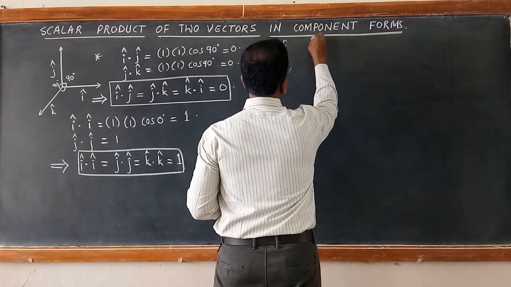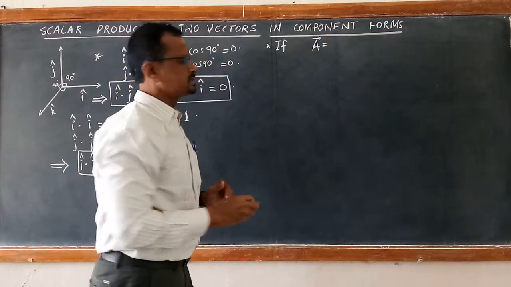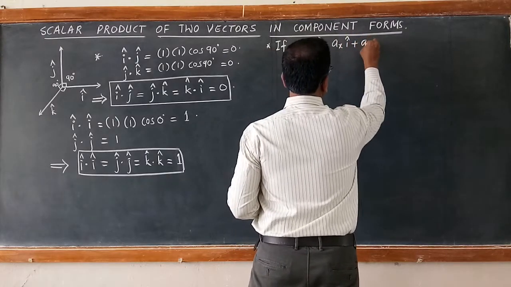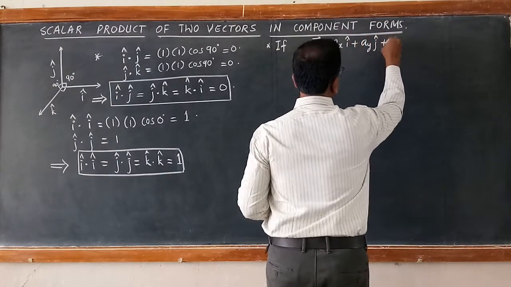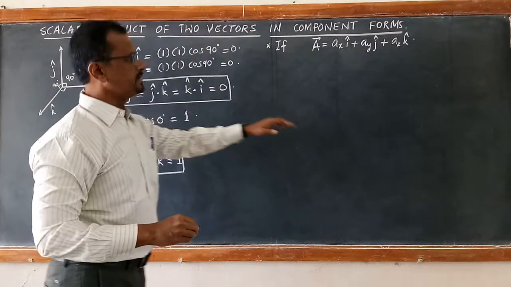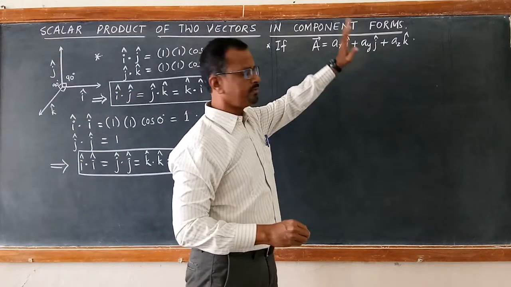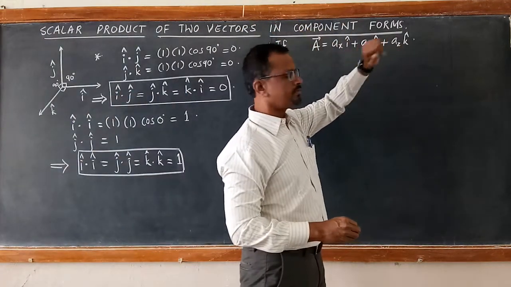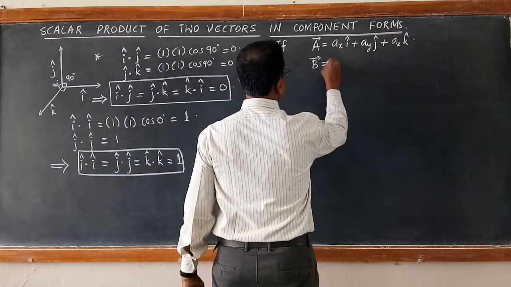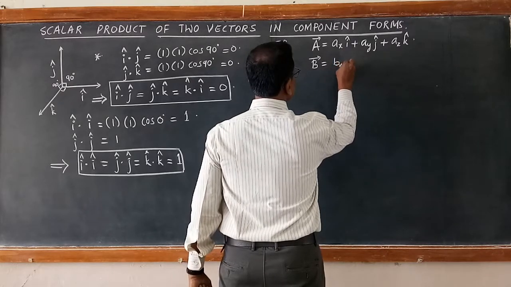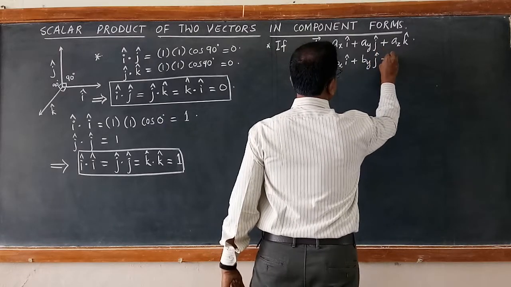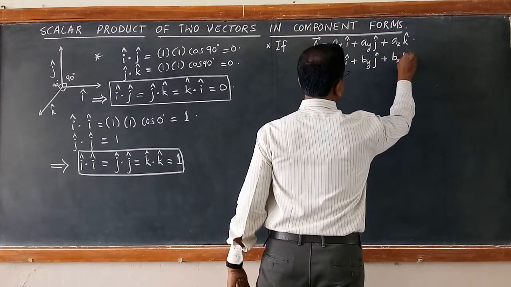Now let us see, if vector A is in component form, let us say AX i plus AY j plus AZ k. Vector A has X component AX, Y component AY and Z component AZ, and B has BX i plus BY j plus BZ k.